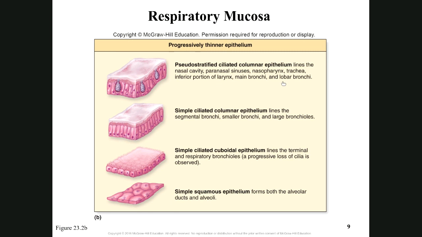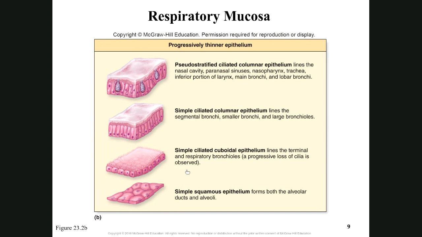Then, when we come to the segmental bronchi and smaller ones, and the bronchioles, this pseudostratified epithelium changes to simple ciliated columnar epithelium. And as you see in these two pictures, when you compare them, the second one is thinner than the first one.